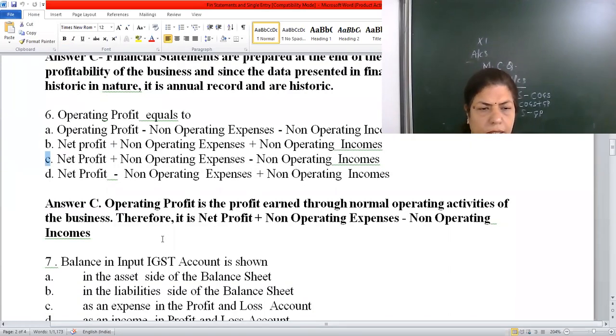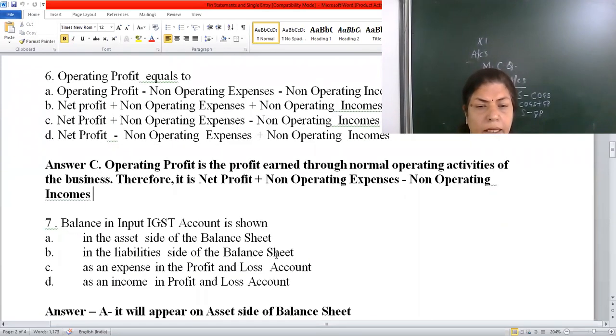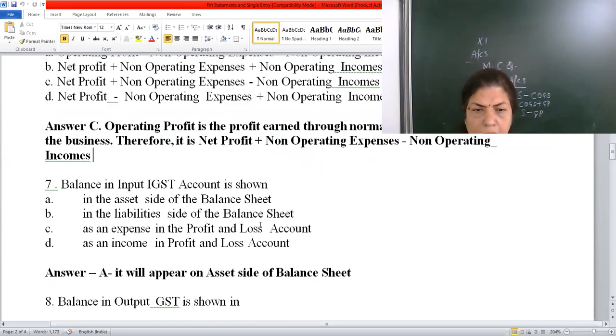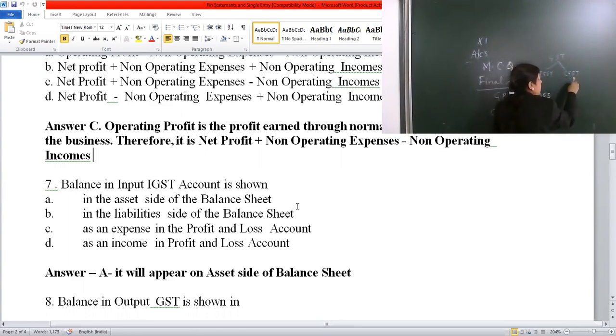Now see, next question. Balance in input IGST account is shown on: asset side, liability side, expenses, income. See, when I explained GST, that time I told you there is IGST, another is CGST and SGST.